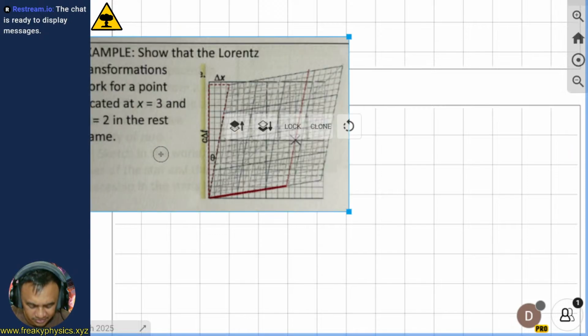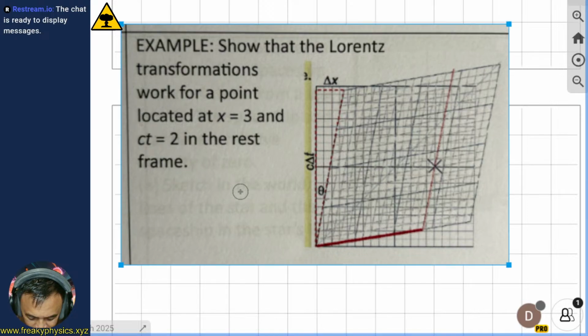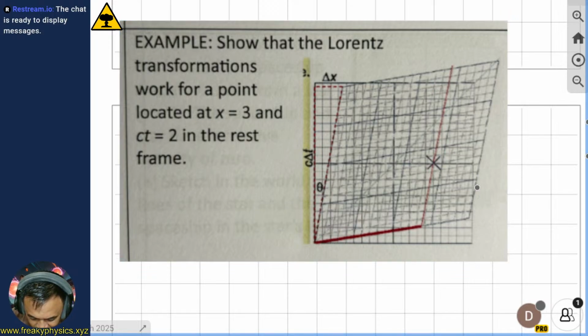Here's to show that the Lorentz transformations work for a point located at x equals t. Let's look at this briefly. This is an example of what I mean. This is CT, this is the S prime, this is the S reference frame.